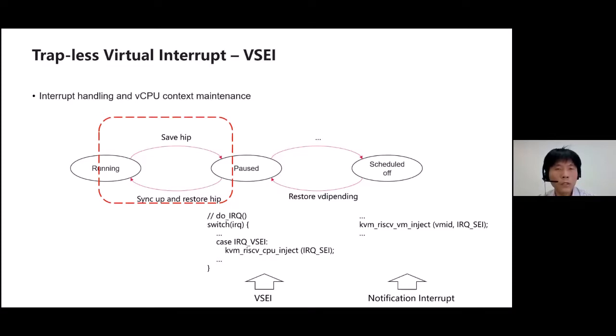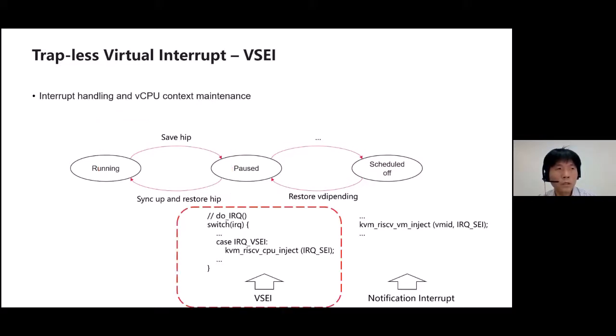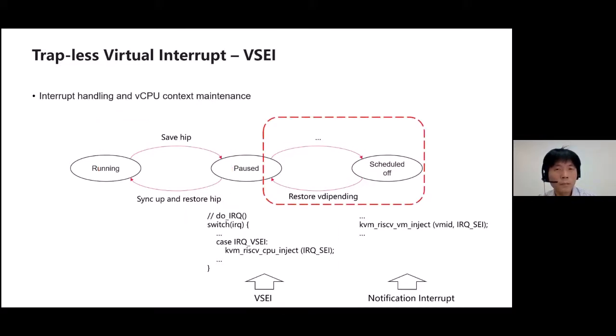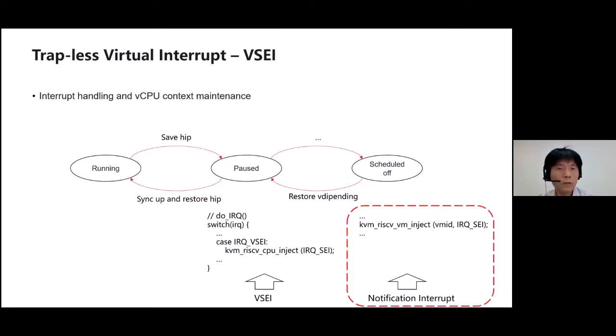When the vCPU is scheduled on and off, the host needs to maintain the pending bits for that particular VM. When the vCPU is in scheduled off state, the host handles any notification interrupt for VSEIs that targets the scheduled off vCPU.